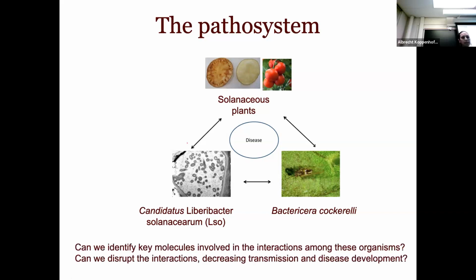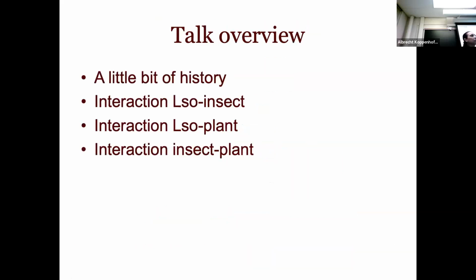So before going on, this is a pathosystem that we're going to be talking about, but before I introduce it, forget about it. I want to give the overview of my talk, so you know ahead of time where we are heading, because you are not going to see this slide ever again. I'm going to start by giving a little bit of history about the pathosystem, so you are all going to be experts in the disease that I work with.